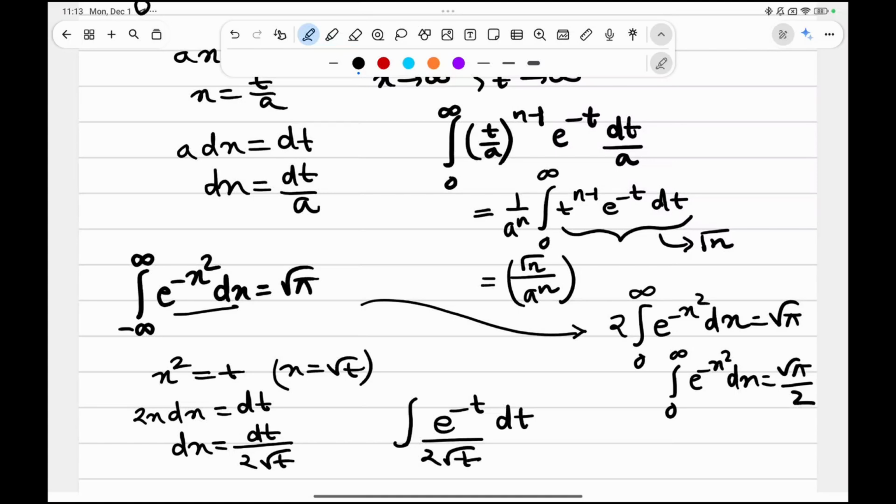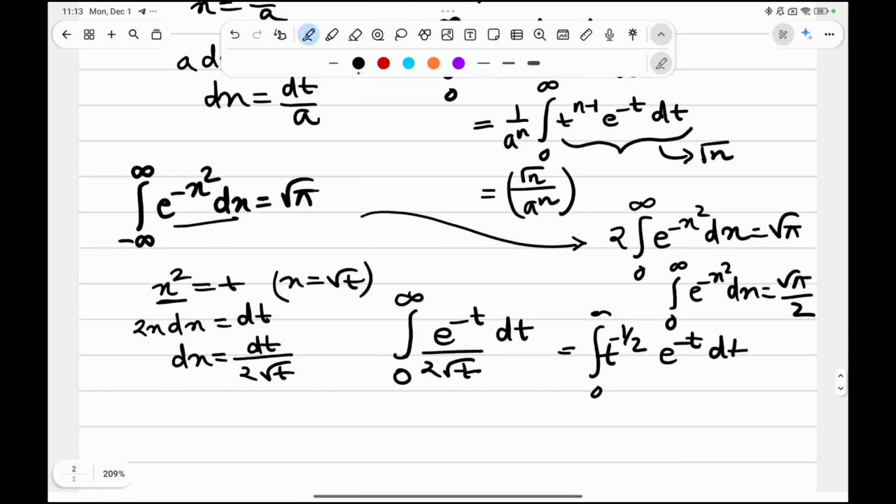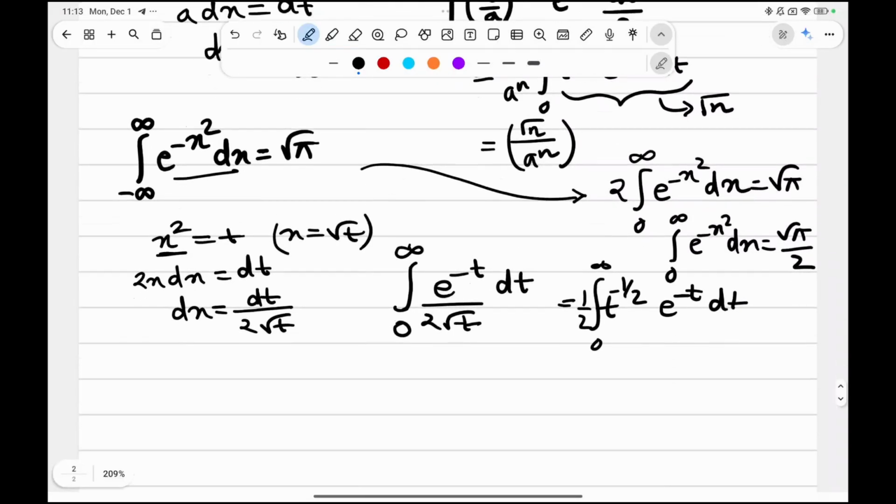Now we can also put x equals 0, t equals 0, and x equals infinity, t equals infinity. So now it becomes t to the power minus half, e to the power minus t dt, integral from 0 to infinity, with 1 by 2.